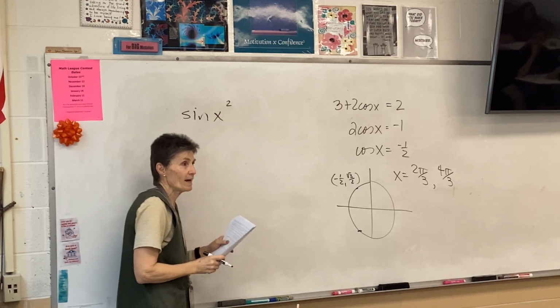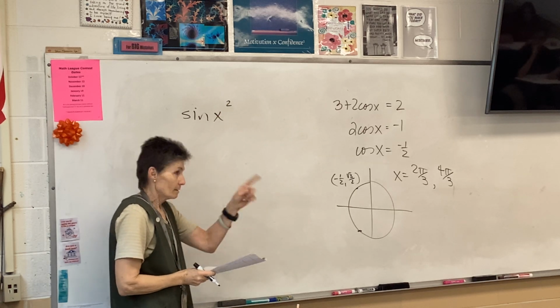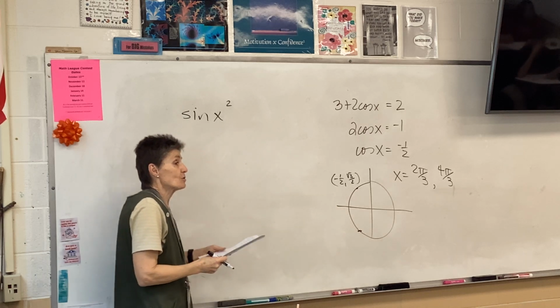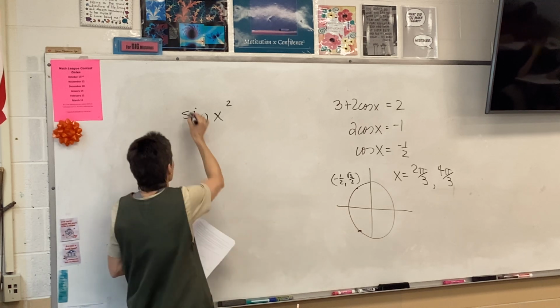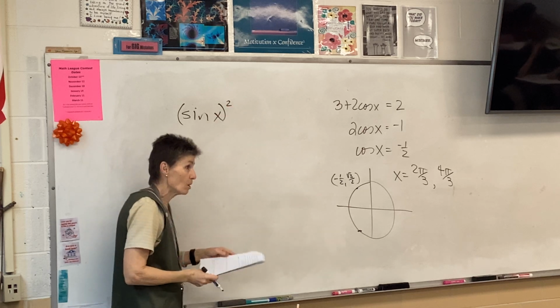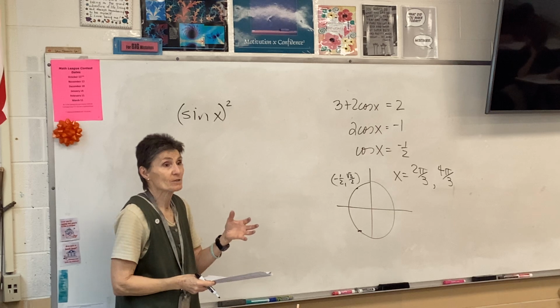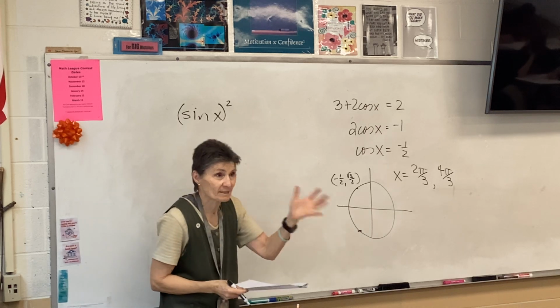Do you see a problem with that? Are you squaring the x? All right, am I squaring the x or am I squaring the sine? That's the question, right? So we could avoid the issue by putting parentheses. Now I know I'm squaring the sine, but it gets cumbersome with all these parentheses in there.